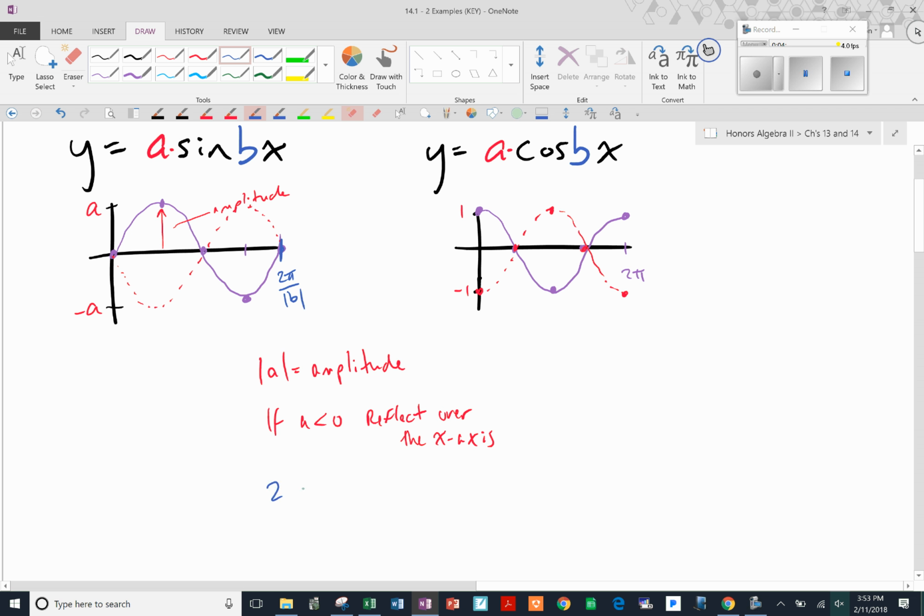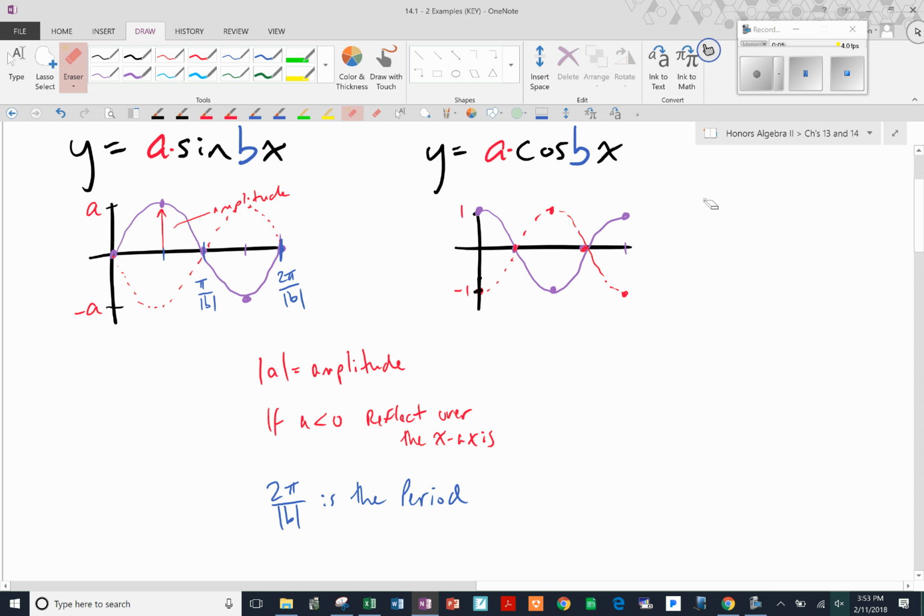I'm going to write that down here as well. 2 pi over the absolute value of b is the period, which would make halfway just pi over the absolute value of b. And then we could get more detailed and say that this is pi over 2 times the absolute value, but we'll get to that when we get to an example here.